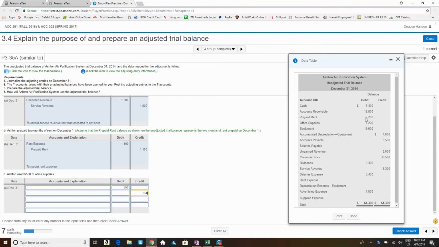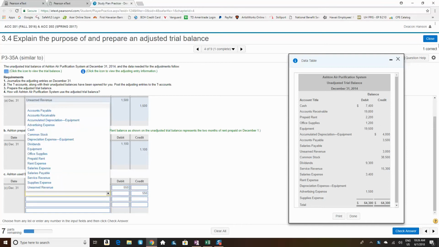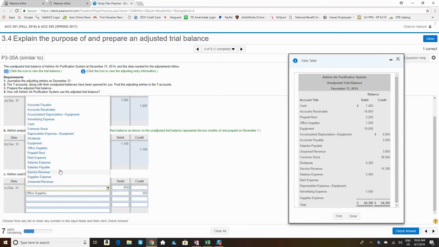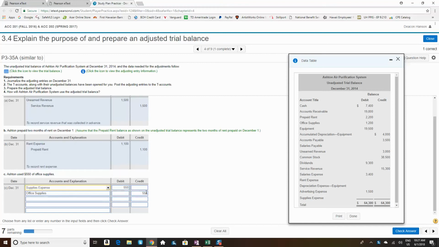Since it's sitting here with a debit balance of 1,200, we're going to have to credit that account to reduce it. So I'm kind of doing this backwards, but office supplies will be credited $550, and that amount's going to turn into supplies expense. See how that works?